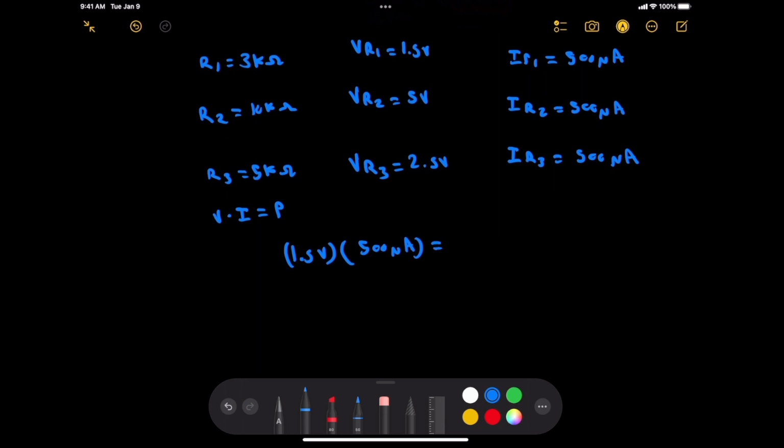So let's just do it for the rest of them. 5 volts multiplied by 500 microamps. And then our last one, 2.5 volts times 500 microamps. So let's just plug that into our calculator.